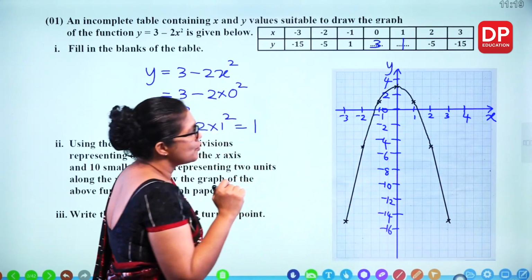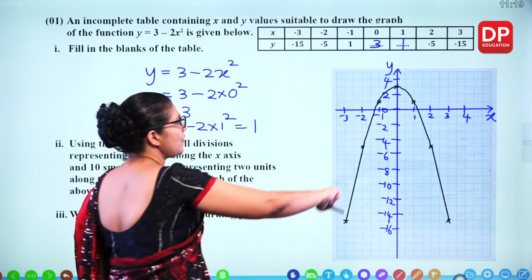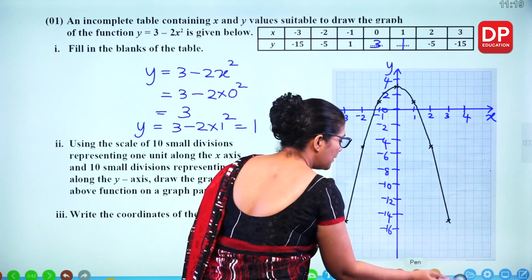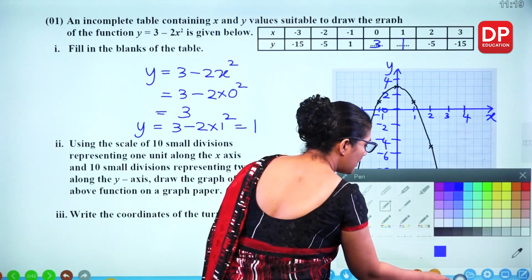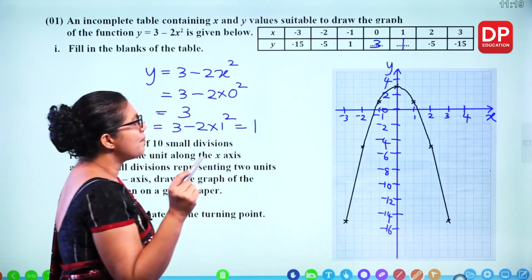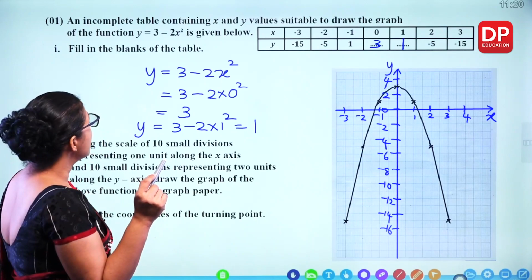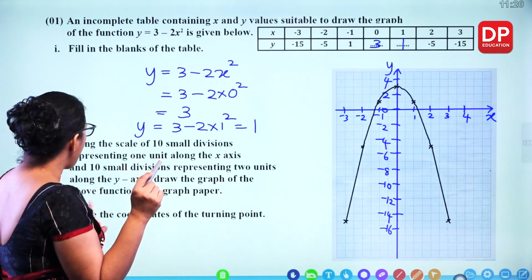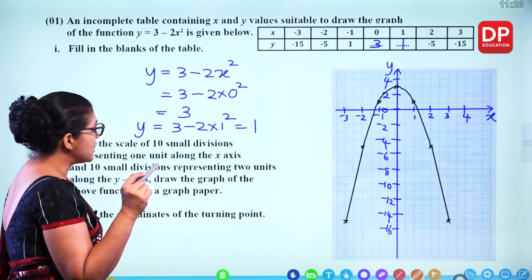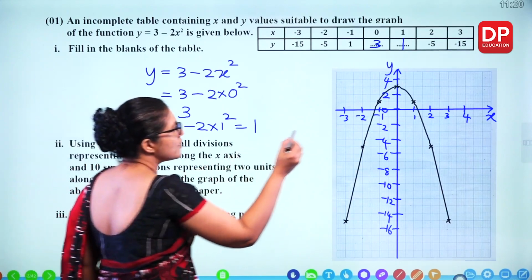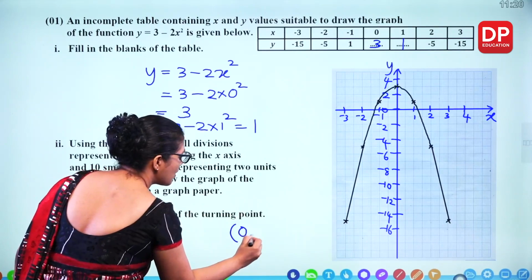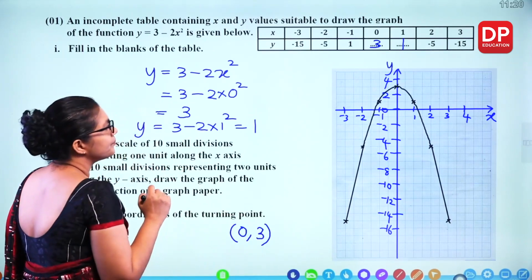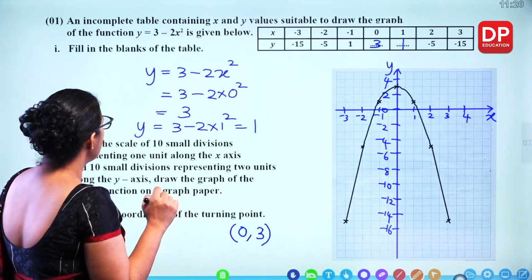Only that part I'm using the ruler. So this is the smooth curve. So you get 1 mark for drawing the line, connecting the points. So that's the graph. And then write down the coordinates of the turning point. So what's the turning point? 0, 3. So you can write 0, 3. So that's the first part.